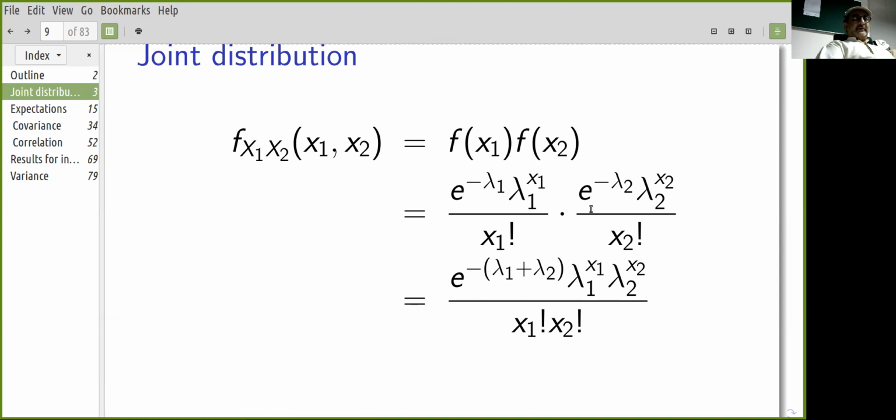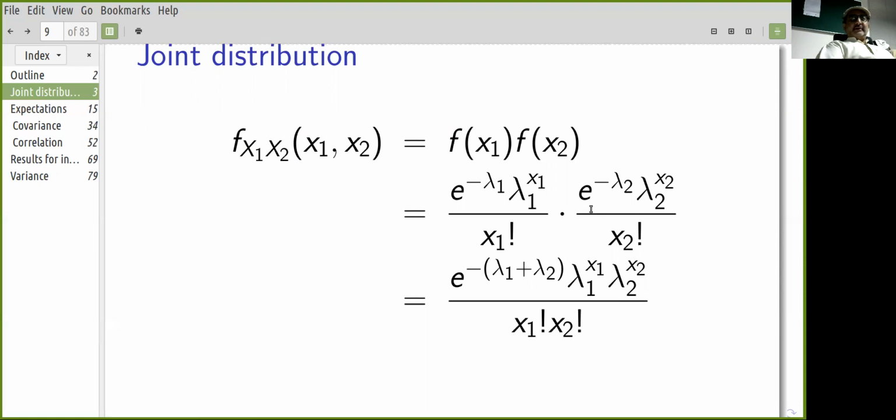So the joint PMF f sub x1, x2 is the product of f sub x1 times f sub x2. Now, what's the PMF for a Poisson random variable with rate lambda 1? Well, it's e to the negative lambda 1, lambda 1 to the x1 over x1 factorial.